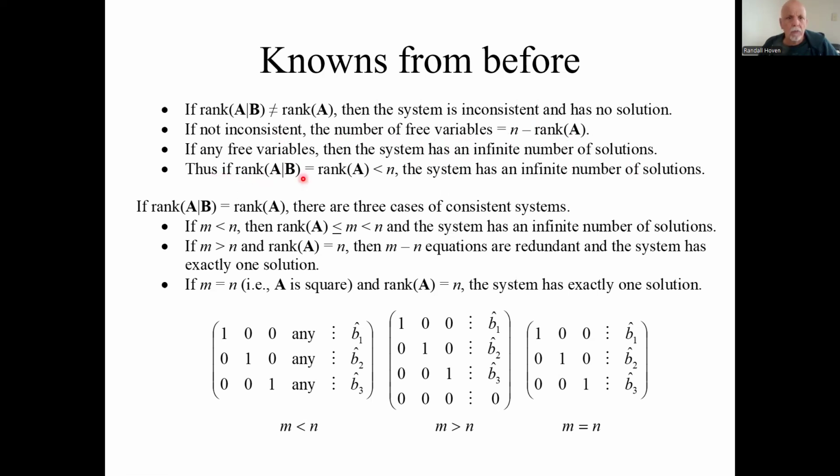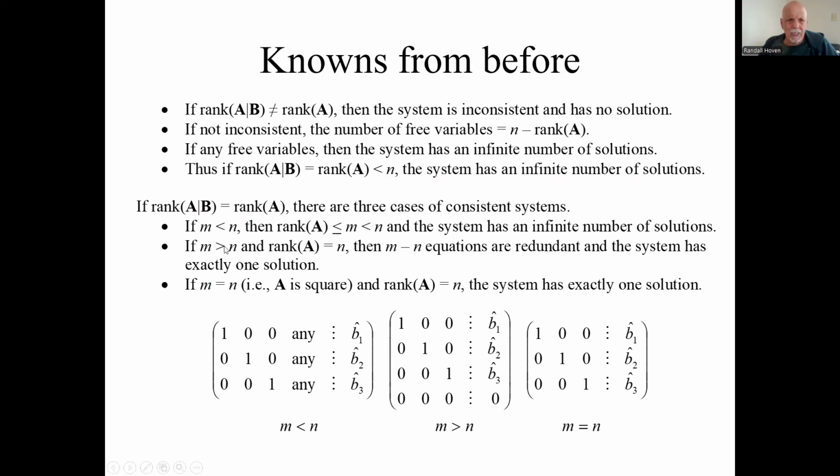If the rank of the augmented matrix equals the rank of A, it'll be consistent, but if it's less than n, the system's going to have an infinite number of solutions. These are some facts we already knew. Here are some cases where it is a consistent system, the rank of the augmented matrix equals the rank of A. I guess you get three different cases.